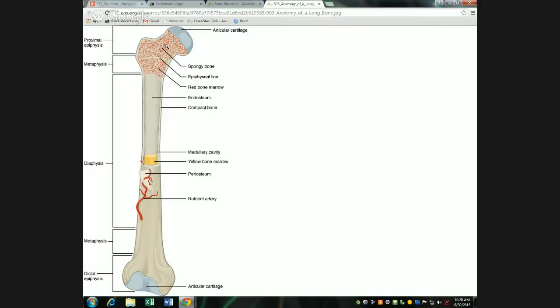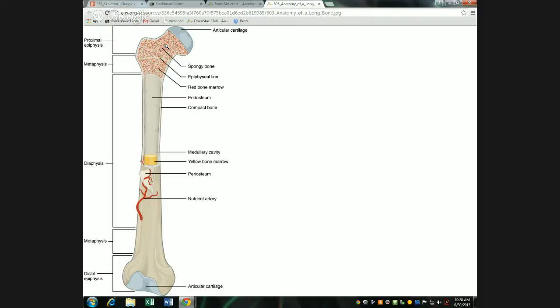So whether we're talking about short bones or flat bones or irregular bones or sesamoid bones, they all look like that. Long bones are different because the shaft of a long bone is what we see here. No other bone has that kind of structure. And the point of that in the long bone is it helps bear weight.